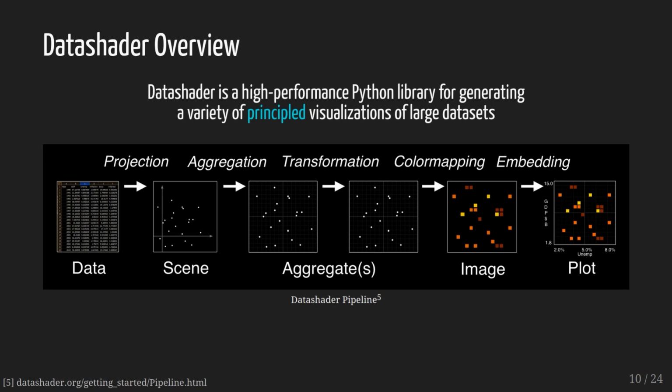This array of aggregated values is then color mapped into an RGBA image according to a color scale and color scale projection. As I mentioned before, the default color scale projection is histogram equalization, which automatically minimizes saturation. Other color scale projections are available, including a linear, log, square root, and cube root projection.